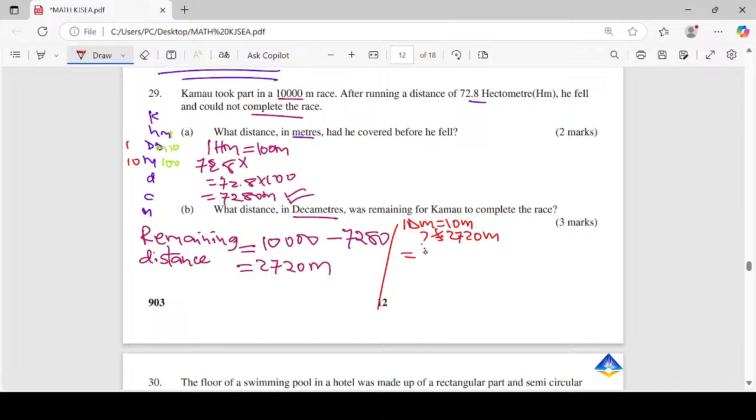This is like 1 times 2720 divided by 10. This is going to give the remaining distance to complete the race in decameters.